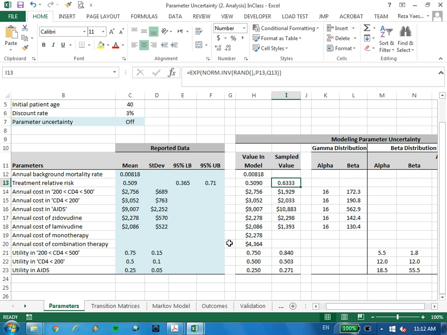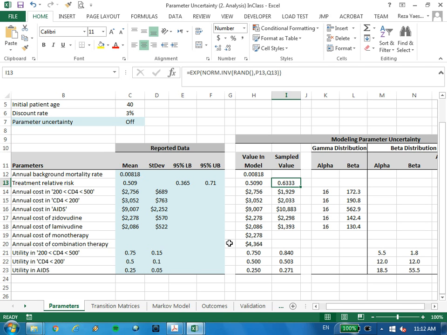Okay? If you have, for example, the case of utility weights, we know that they vary between 0 and 1, so that's why the beta distribution is ideal. And if you have the mean and the standard deviation of your utility weight, you can fit a beta distribution to the data. And then you use samples from your beta distribution in your model.